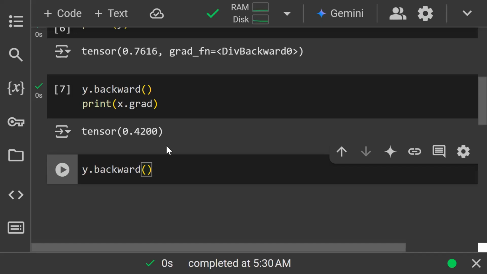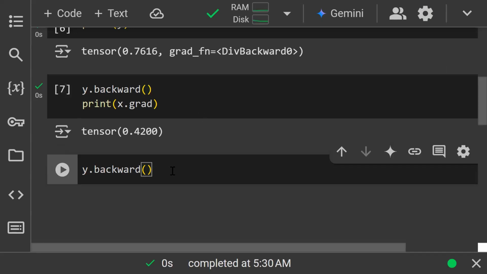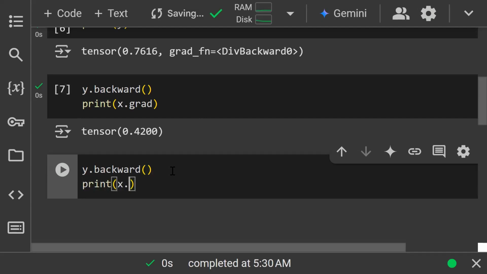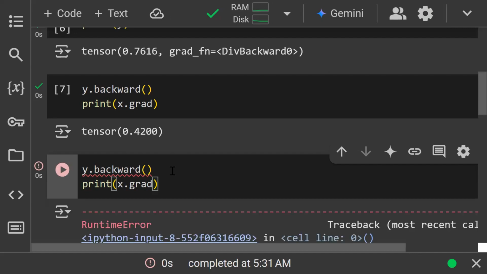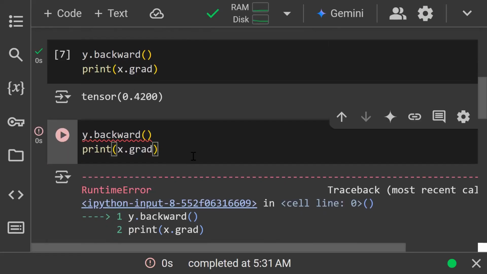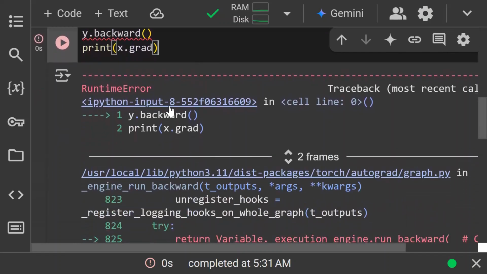What that means is I just ran y.backward over here. If I were to run y.backward one more time, then it's going to complain. It's the exact same code, but the second time I run it, I get the runtime error.